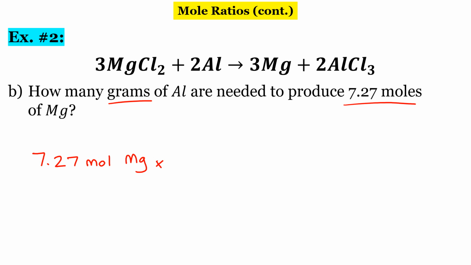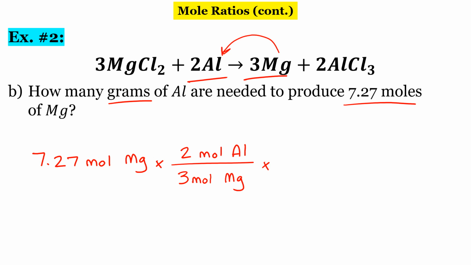And we can't go directly from moles of magnesium to grams of aluminum. We have to first go to moles. We have to do a mole ratio, kind of like what we were doing. So we need to go from moles of magnesium to moles of aluminum. So for every 3 moles of magnesium, we have 2 moles of aluminum.